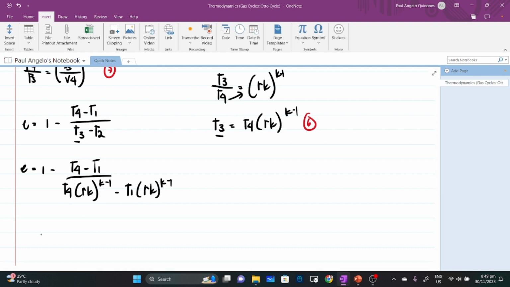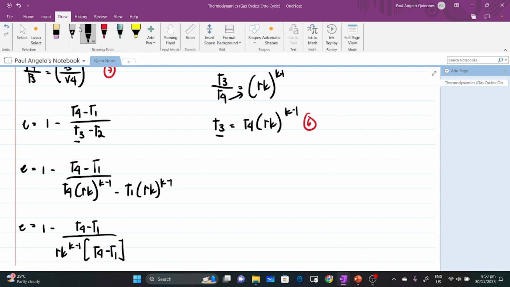We will have efficiency is equal to 1 minus T4 minus T1 over RK raised to K minus 1 quantity T4 minus T1.